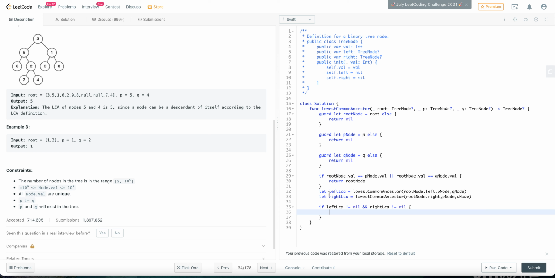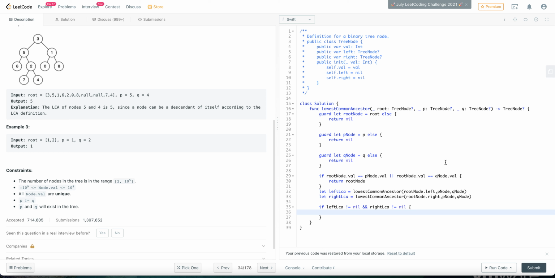This means that both of my nodes exist in different parts of the tree. Means let's say it is 6 and 8. So 6 exists in the left subtree, and 8 exists in the right subtree.